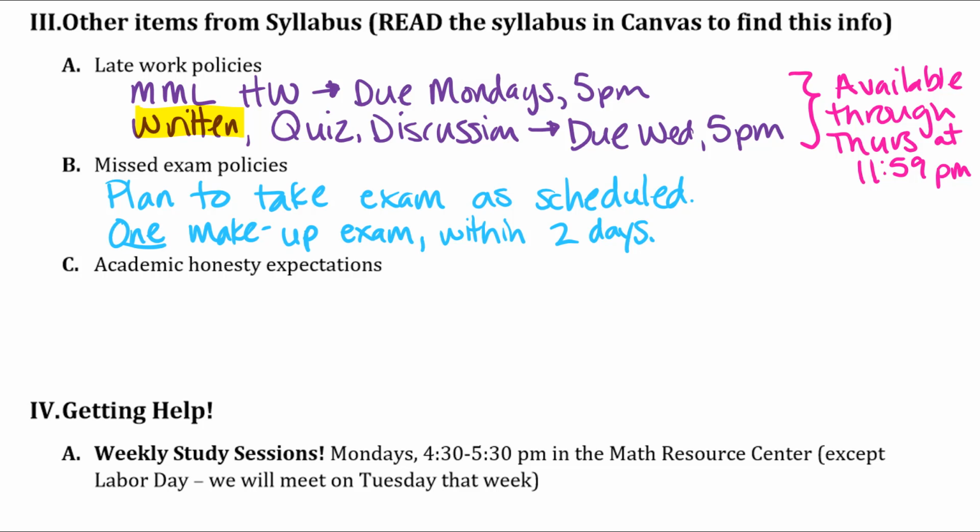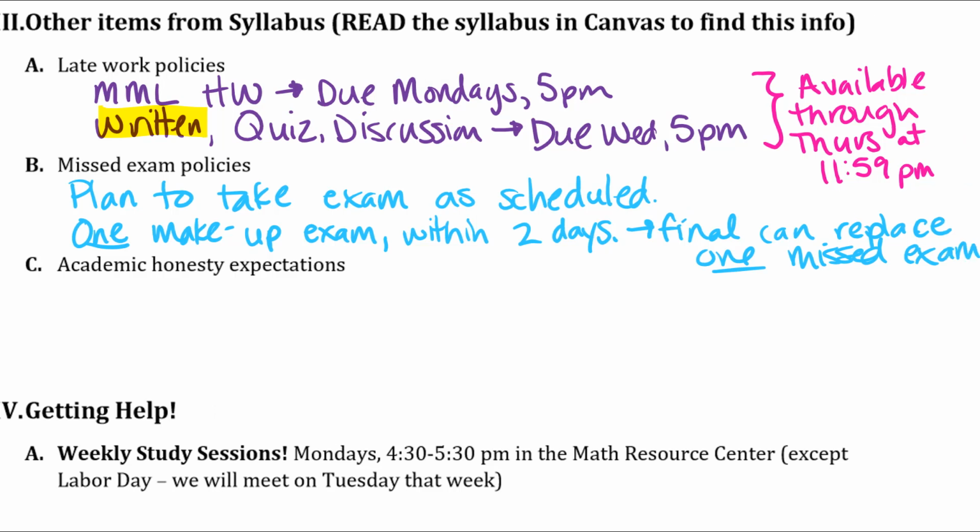Beyond that, if you can't get it taken within 2 days, your final can replace your one lowest unit exam. And so if you have a missed unit exam, your final can replace that one. But in general, you need to be sure that you're planning to be on campus and taking exams as scheduled. Most students manage to do that.